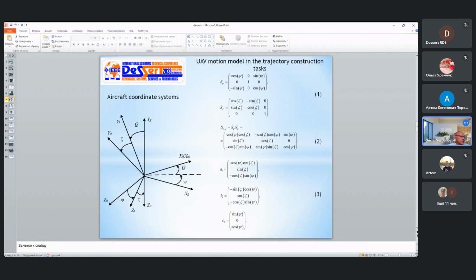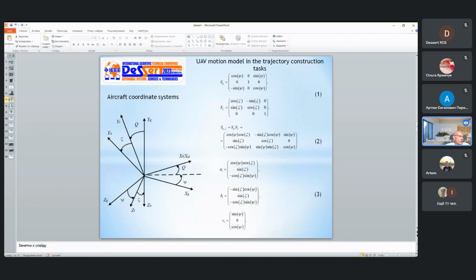As parameters describing the position of the UAV in space, we will emphasize the following: L, flight range, H, height, V, velocity vector modulus, Q, velocity vector inclination angle, and heading angle, and lateral displacement in accordance with the characteristics of the normal Earth coordinate system.